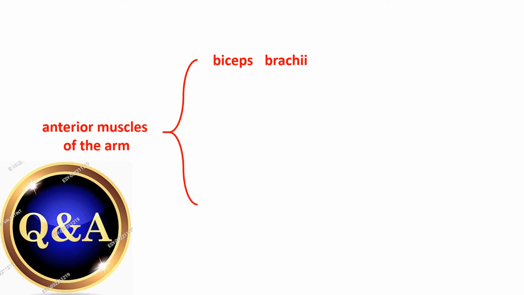Why biceps brachii? Biceps because it has two heads, and brachii meaning the arm, because we have another biceps in the leg called biceps femoris, and we will study the brachialis and the coracobrachialis.